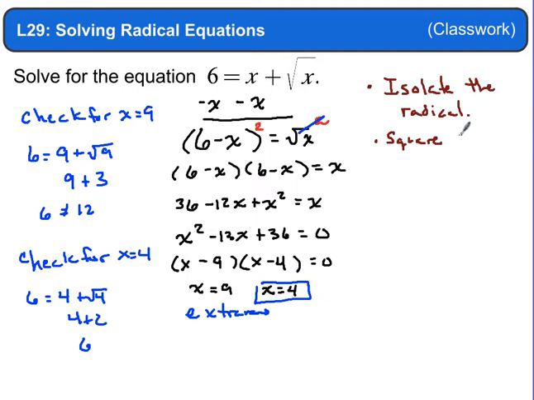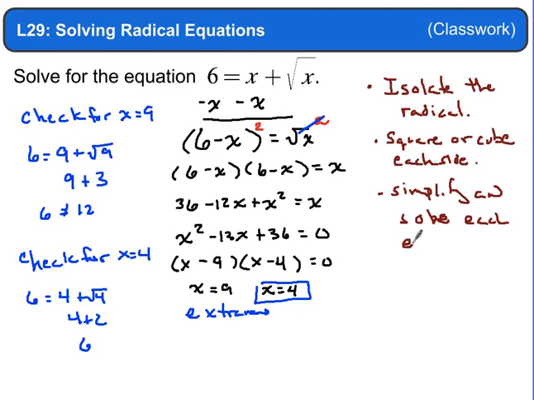Obviously a square if it's a square root, or a cube if it's a cube root. And so we'll do that to each side. And then you're going to simplify and solve each equation for x.